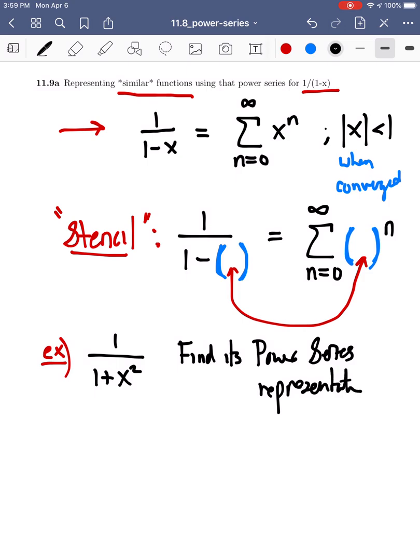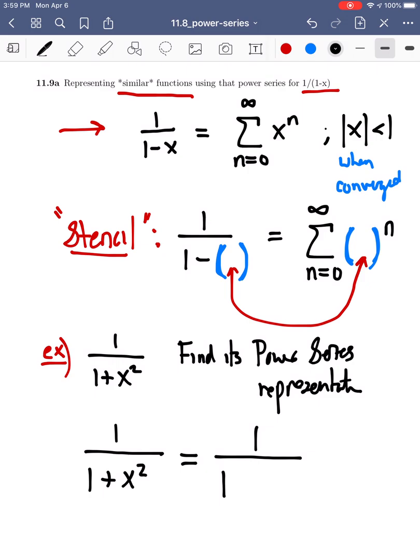What we need to do is look at this through the lens of a stencil. So if we rewrite our function 1 plus x squared, what we need to get it into is the form that's similar to this stencil up here. In other words, we need 1 over 1 minus something. And the idea is going to be, how can we get this function into that form of 1 over 1 minus something?